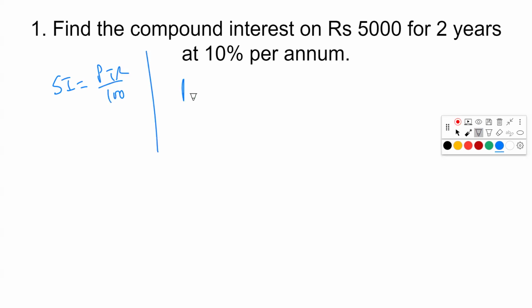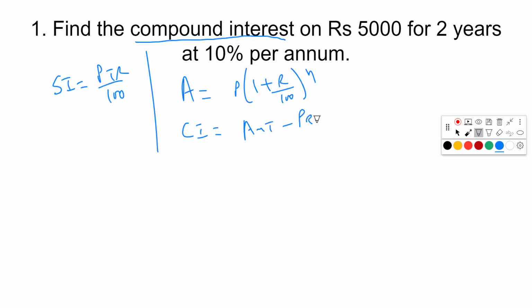In case of compound interest, first you calculate the amount, P into 1 plus R by 100 power n. It is giving you the amount. Please be careful when the question is compound interest. There is one more step you have to do. Amount minus principal is compound interest.